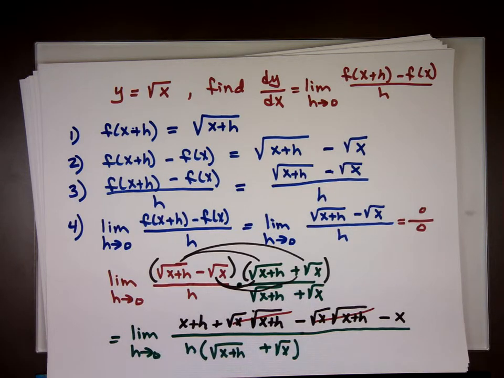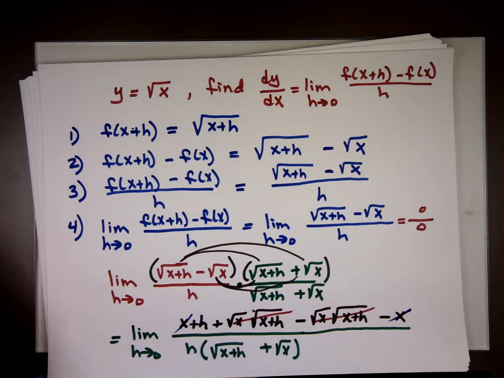You got even better. What's x plus h minus x? Yeah, the x's will cancel out. I can cancel the h's, but I'll wait. I'll make it nice and neat on the next page.